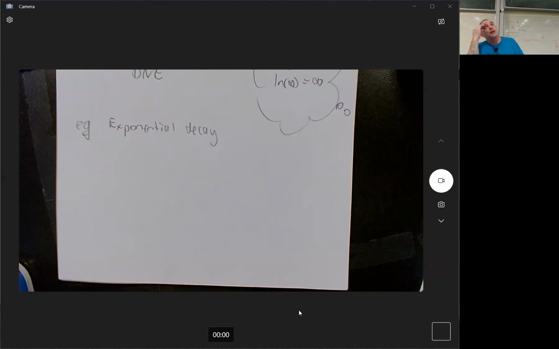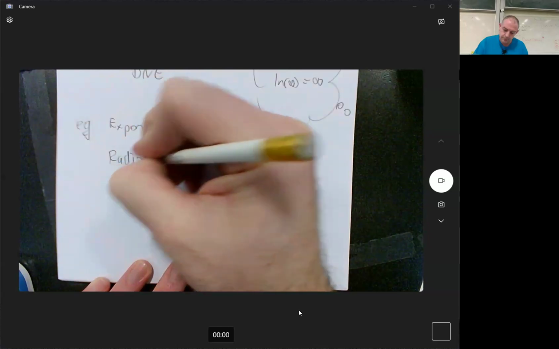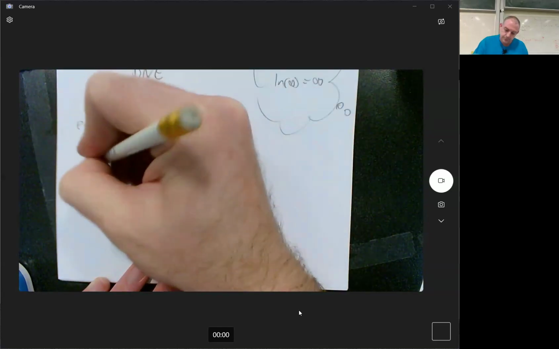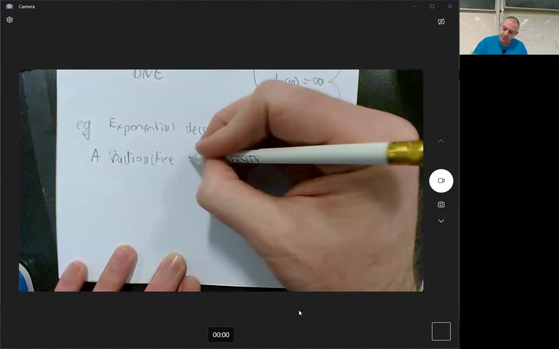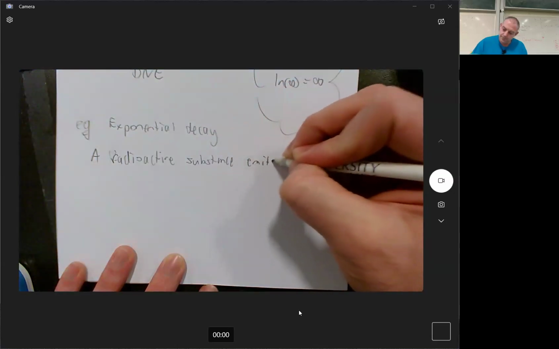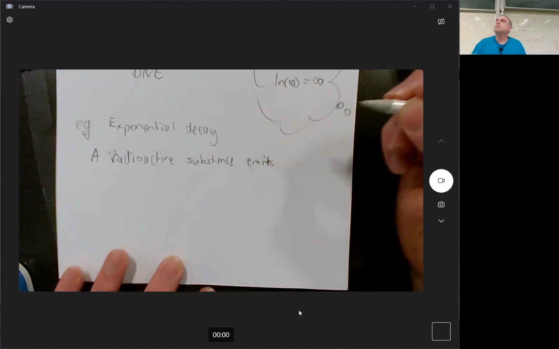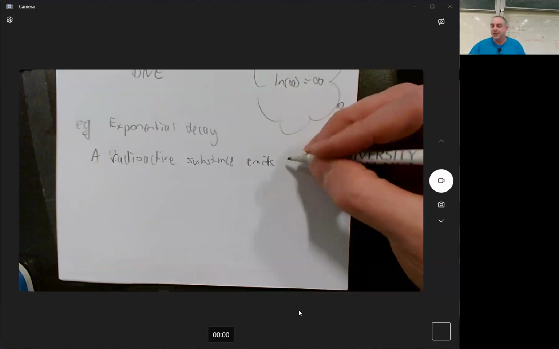It goes something along the lines of a radioactive substance that emits, what do they do? There's alpha, it's beta particles. I don't know, alpha. I can't remember what they are. Anyway, let's just call them particles.